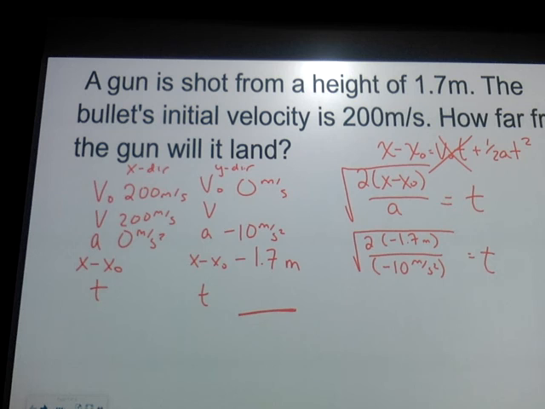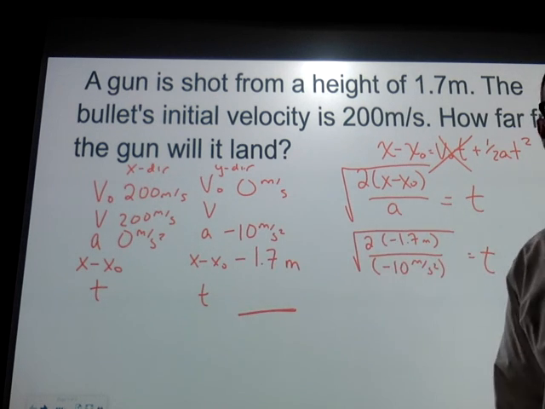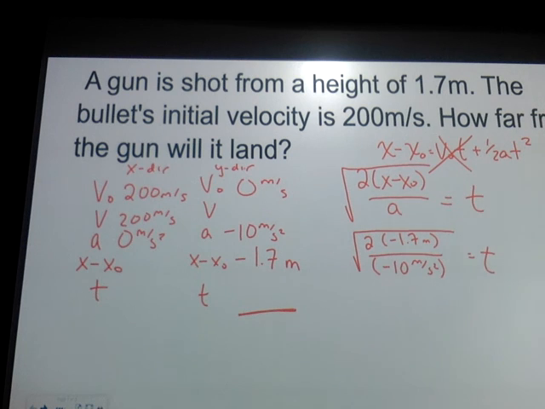All right, so if you forgot to make the displacement negative or the acceleration negative, your calculator will let you know right away because you'll be taking the square root of a negative and it'll say you have an error. All right, so 2 times 1.7 divided by 10 square rooted. I got 0.58.